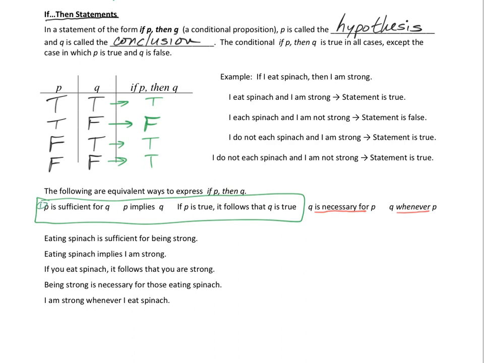So if I do this 1, 2, 3, you can see that these statements are here 1, 2, 3. And then similarly, this would be statement 4 and 5, and you can see that those are represented down here with the spinach and strength example.